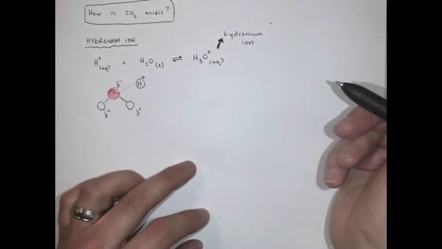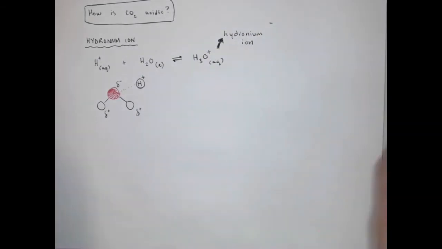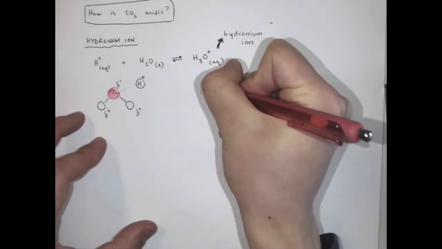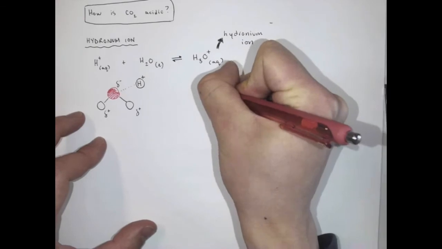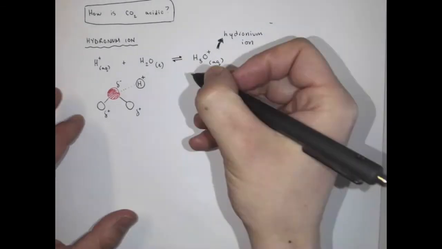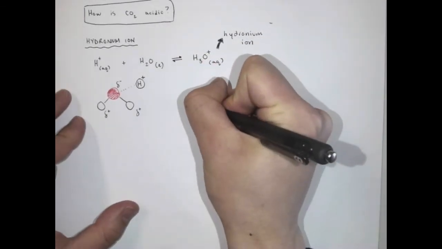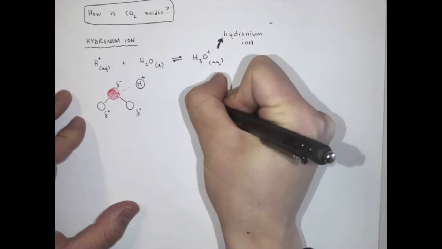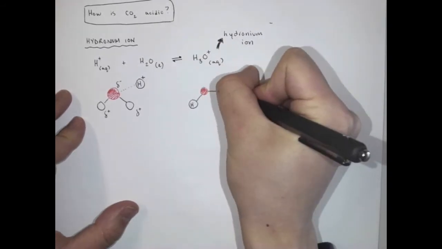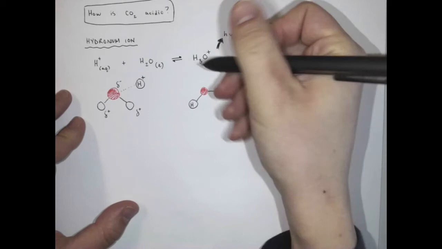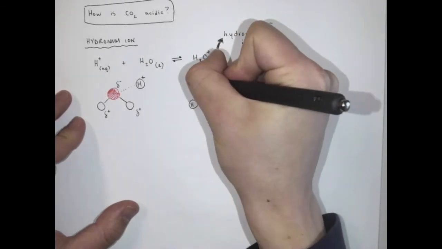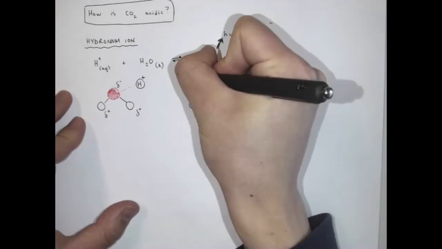Right? So that's a hydronium ion, and to give you an idea of its structure, it's got a central oxygen atom and 3 hydrogens around it.